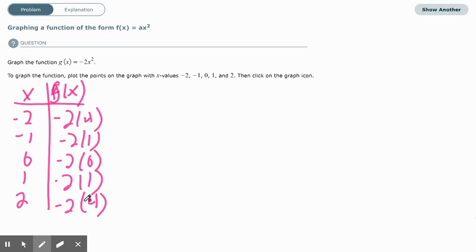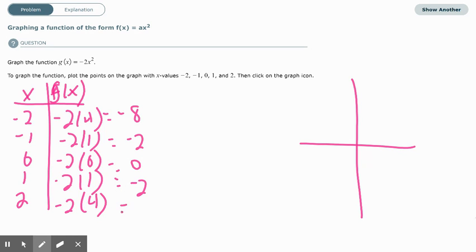So we are going to take our x, y plane, and we'll have -8, -2, 0, -2, and -8 again. So here's our ordered pairs.